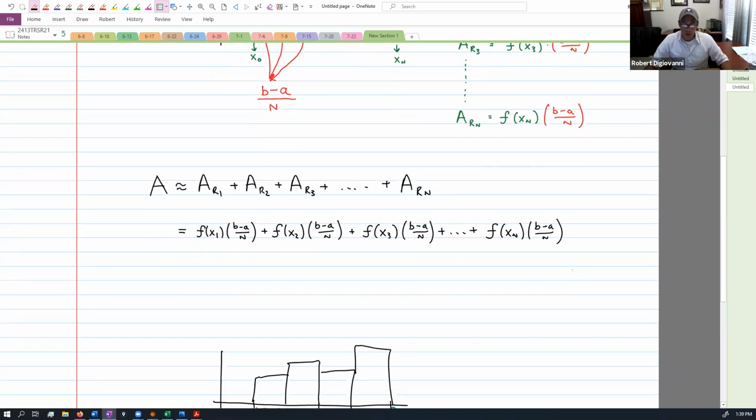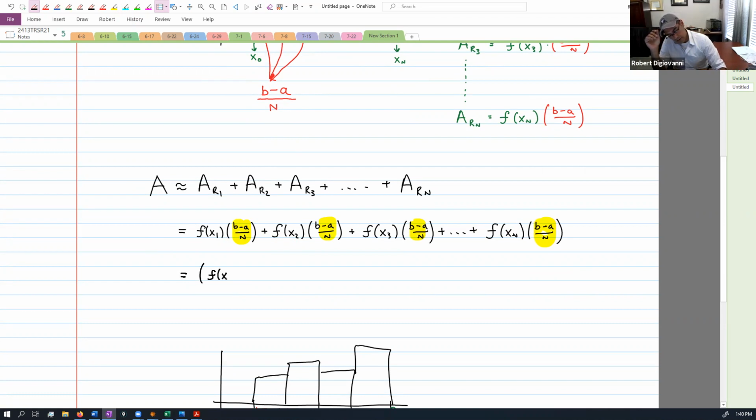Now, all of these have something in common, don't they? The b minus a over n. And that means I can factor that out, right? So I could write it this way.